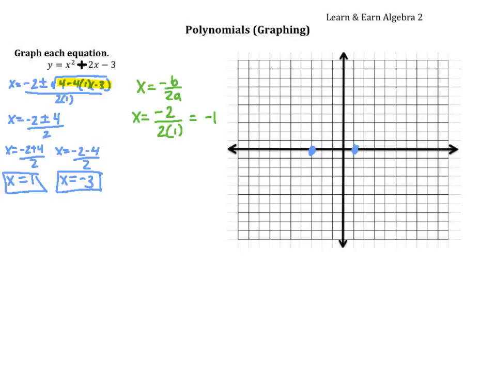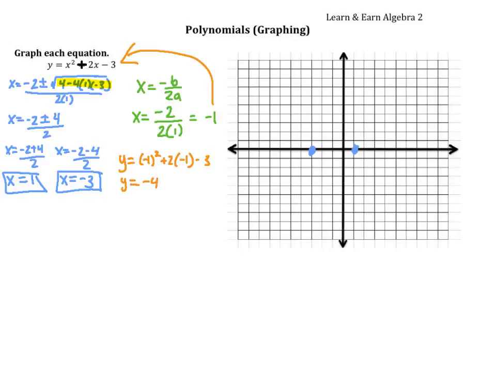Now, this negative 1, that's my x value. I need to plug it back into the equation to figure out my y value. So I get y equals negative 1 squared plus 2 times negative 1 minus 3. When this is all simplified in the calculator, I get y equals negative 4.